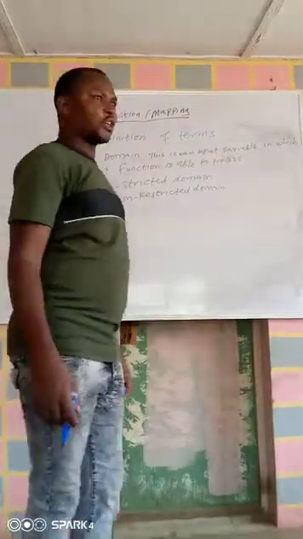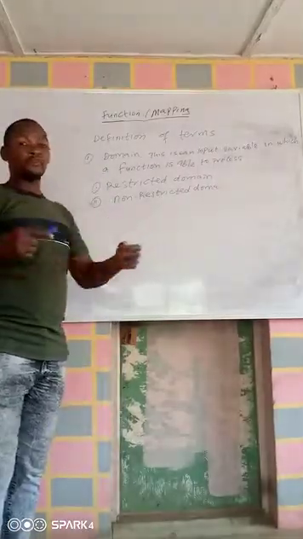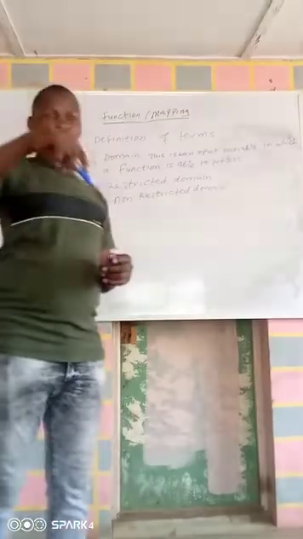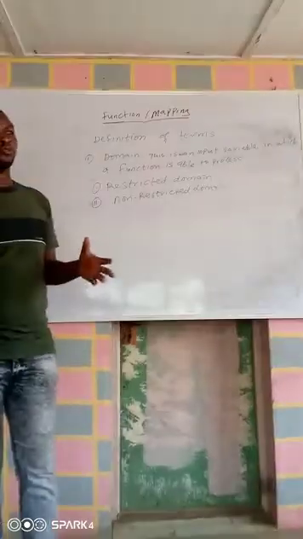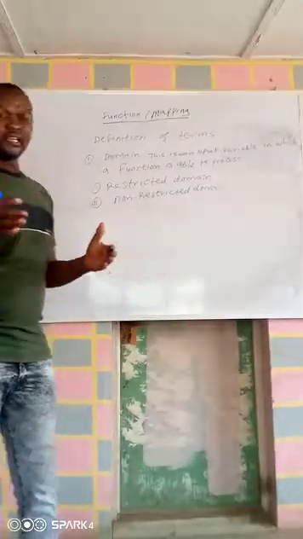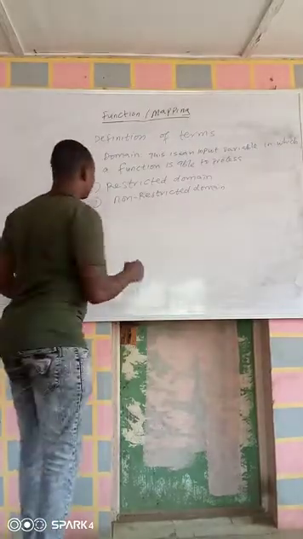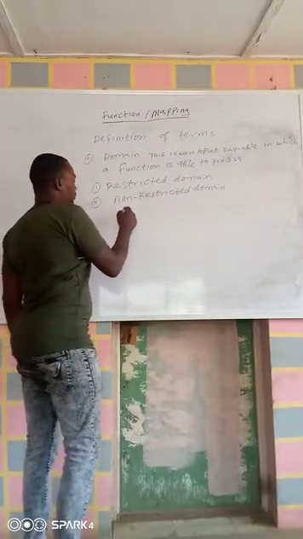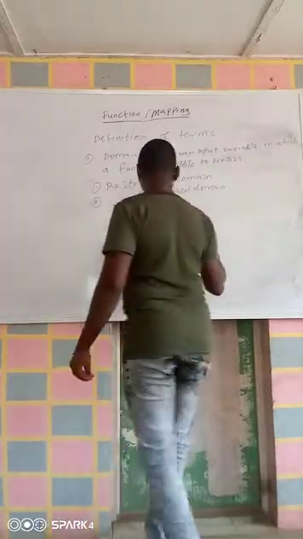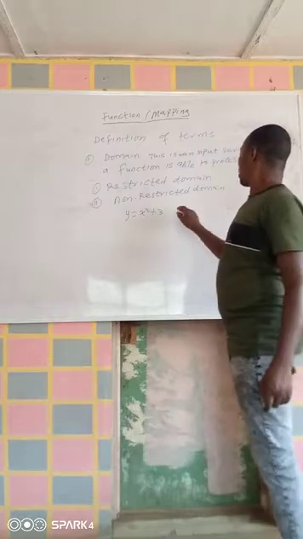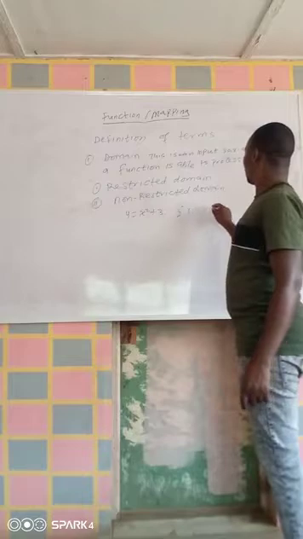What is a restricted domain? We have told you that a domain is an input variable. In a restricted domain, the input variable that we will use in our function will be given to us. For example, to look for the domain of y = x squared + 3, we must be given an input variable of maybe 1, 2, 3.